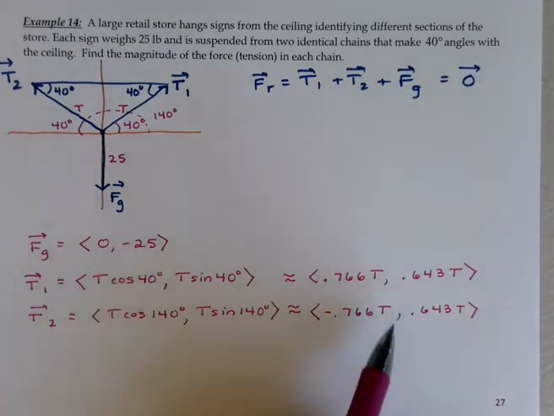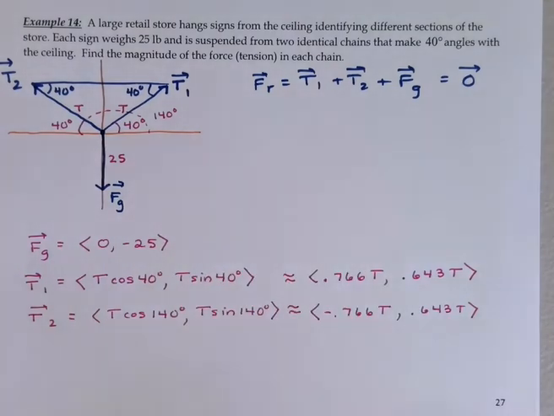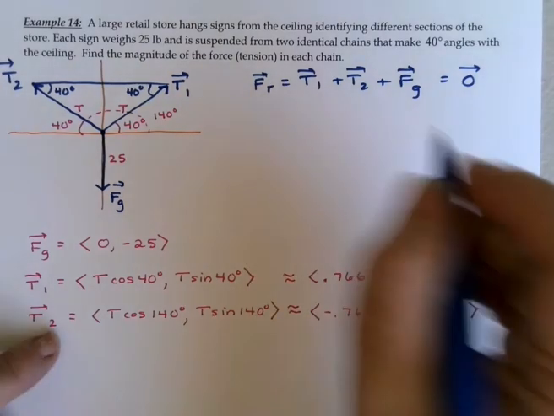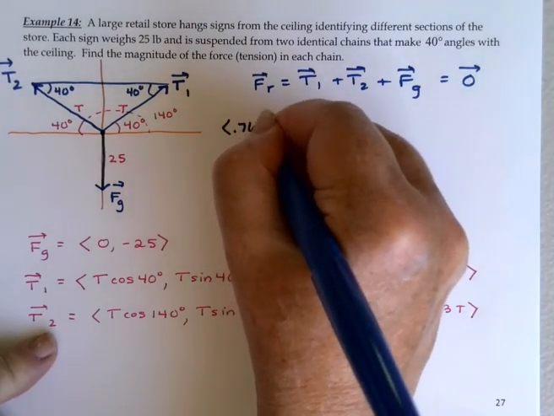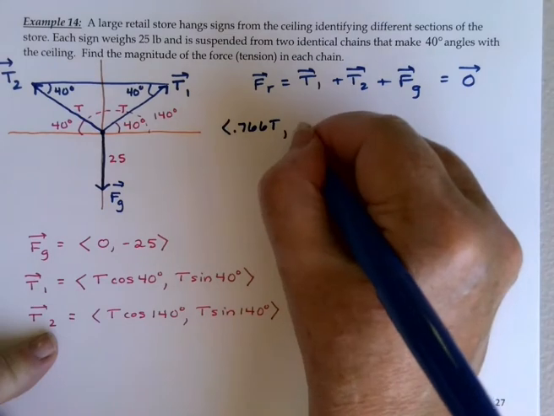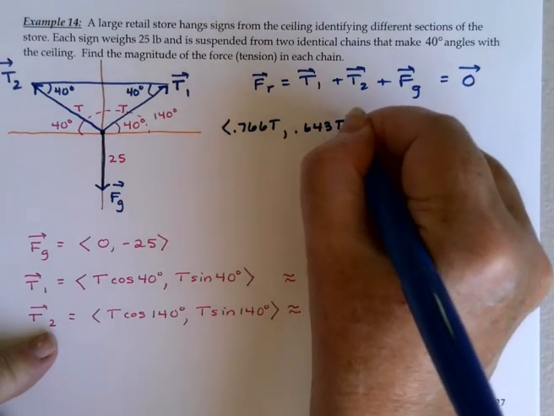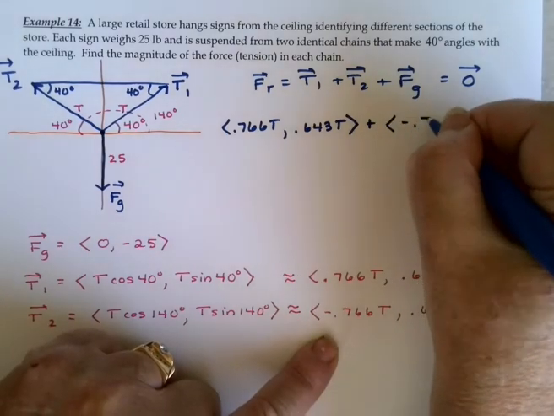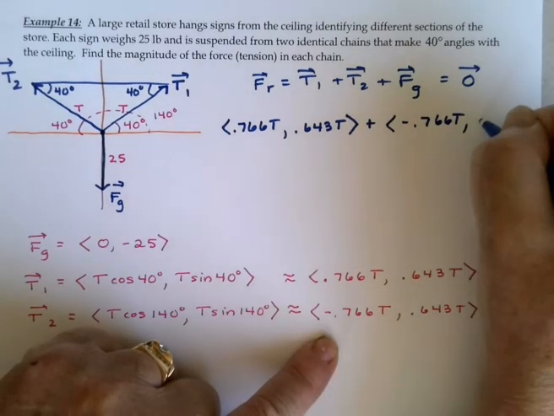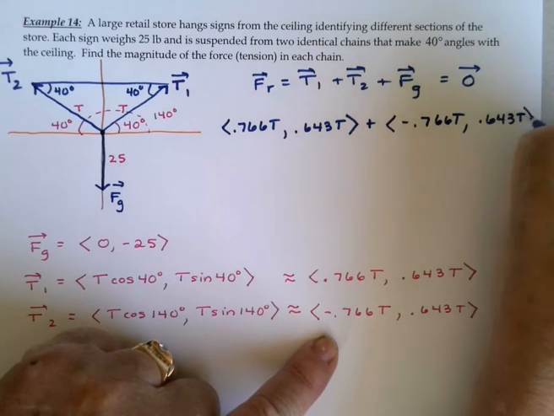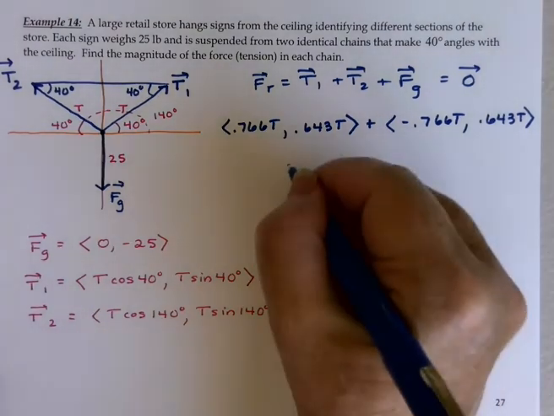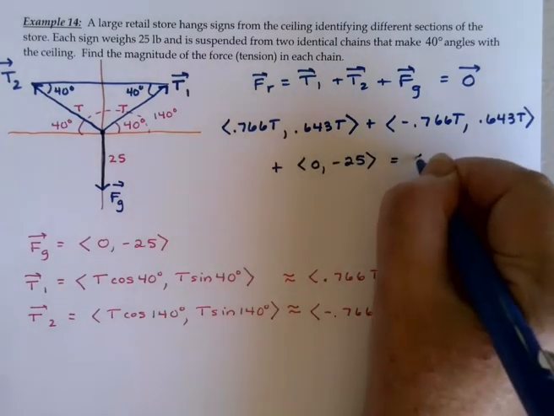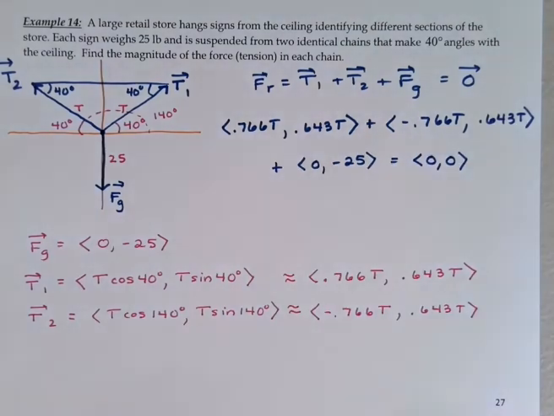So if I take these three vectors and state that they must add up to 0, I would have 0.766t, 0.643t for T1, plus negative 0.766t, 0.643t for T2, plus 0, negative 25 must all equal 0, 0.